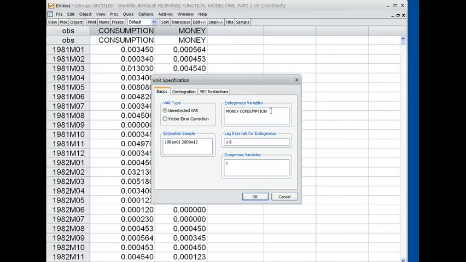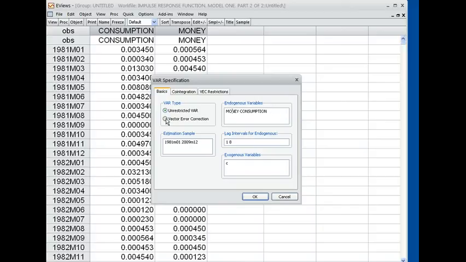Suppose our two variables, money supply and consumption, are co-integrated by one error term or one co-integrating equation. Suppose we assume that we need one co-integrating equation to make the system equilibrium.